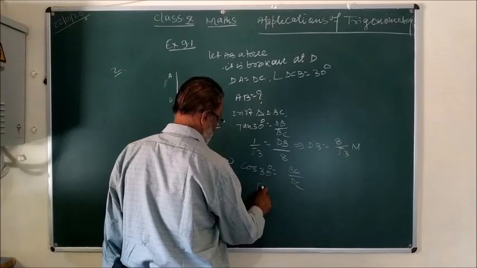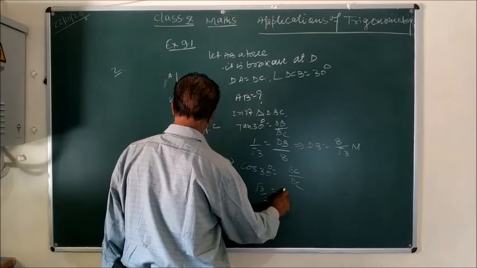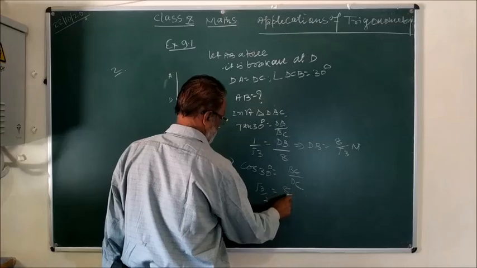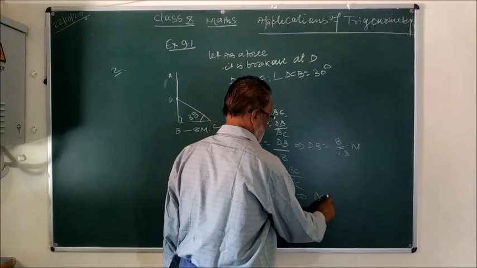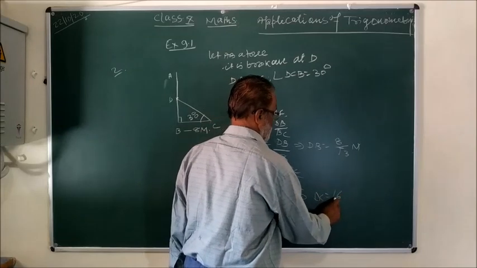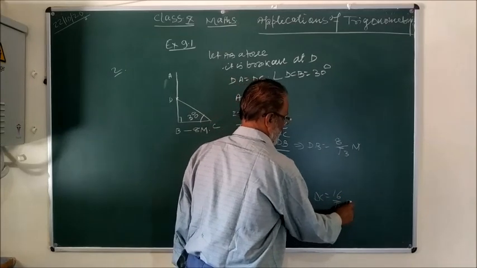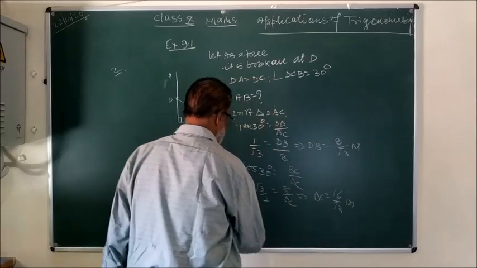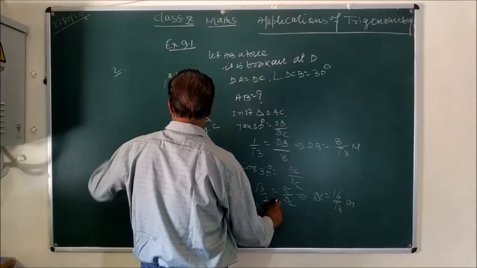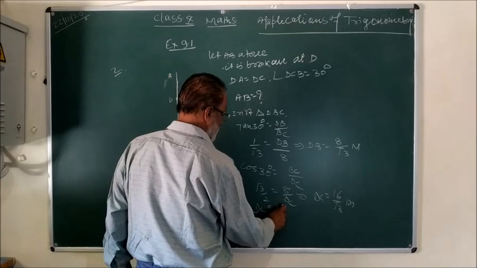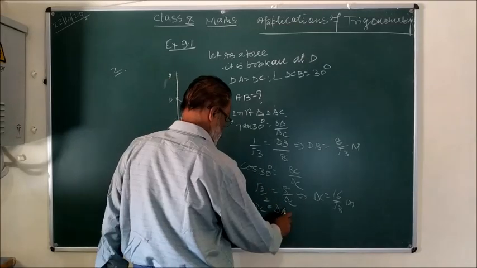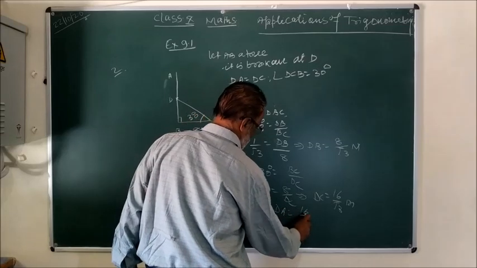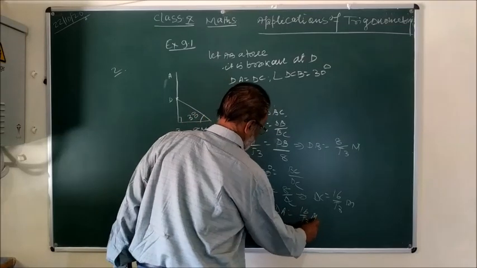Cos 30 value is root 3 by 2, BC is 8, DC we don't know. By cross multiplying, DC is equal to 2 into 8, 16 by root 3. And this DC is equal to DA, because that portion has become DC.